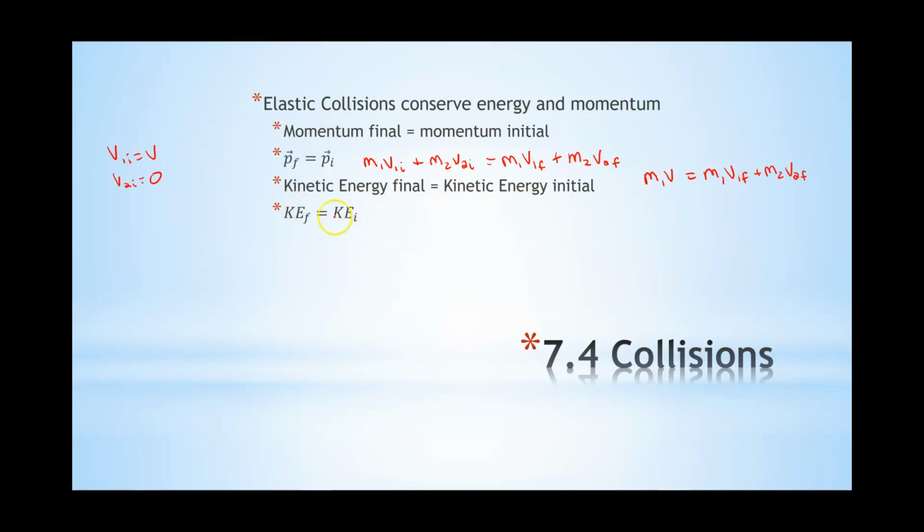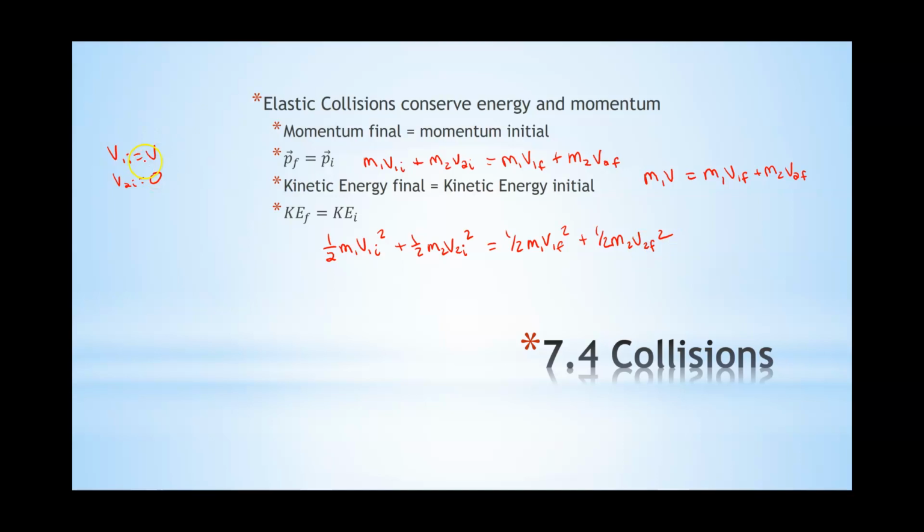So your initial kinetic energy is 1/2 m1 v1I squared plus 1/2 m2 v2I squared equals 1/2 m1 v1f squared plus 1/2 m2 v2f squared.